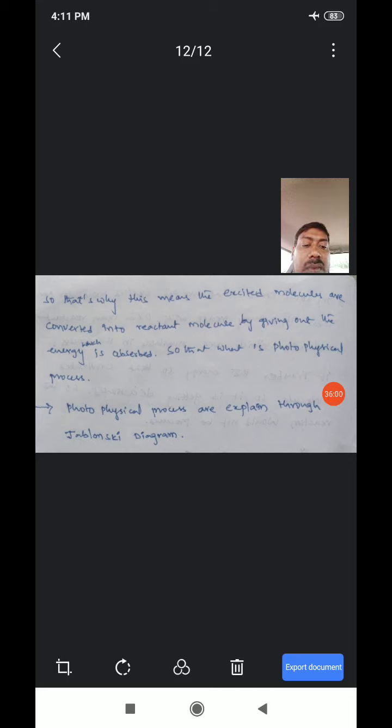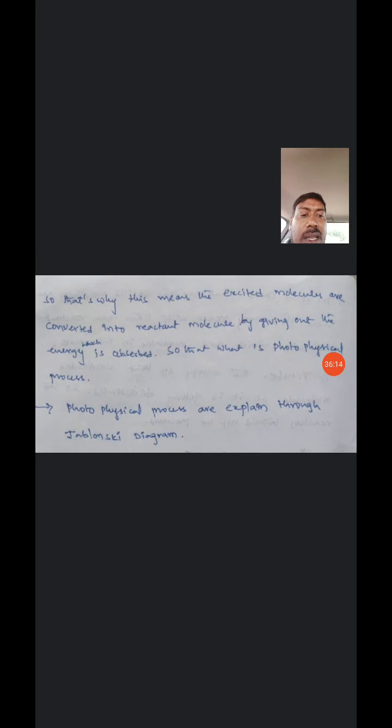So that is what a photophysical process is. The photophysical processes are explained through the Jablonski diagram.